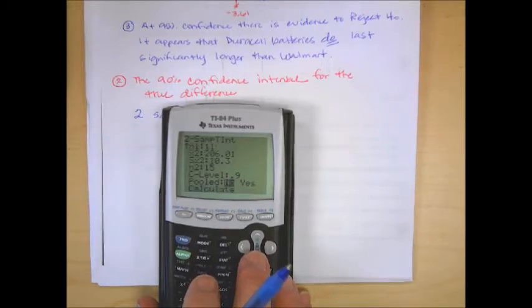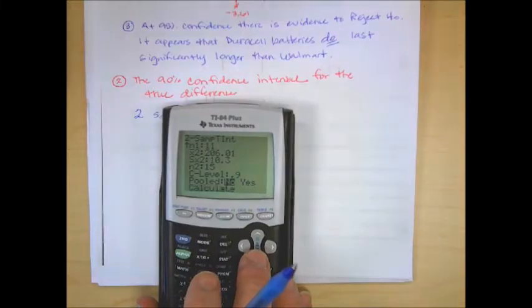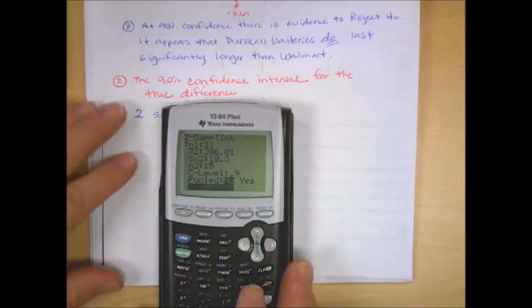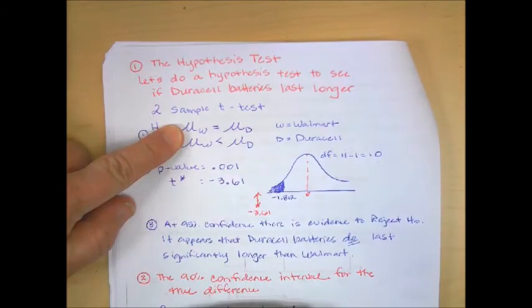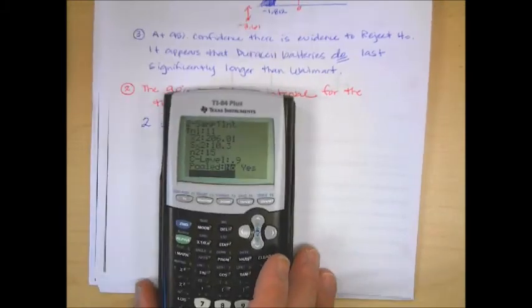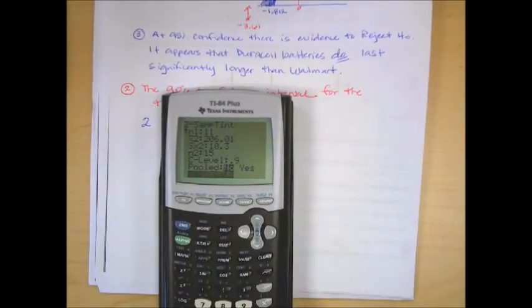All right, now I'm going to go down to calculate. Now remember one thing, confidence intervals are always built from the perspective of whoever group 1 was. Well, in our situation, group 1 was Walmart batteries. So this interval is from the perspective of Walmart batteries.